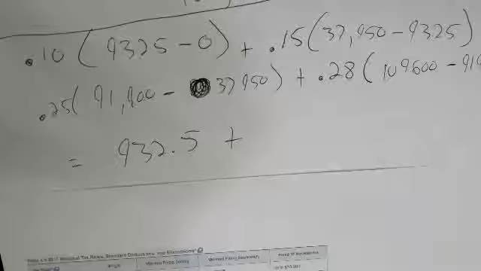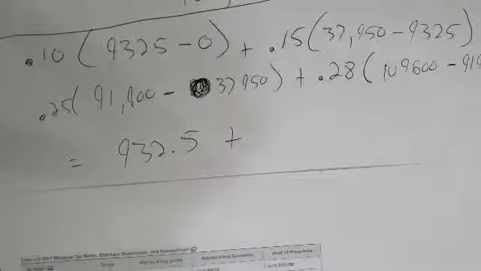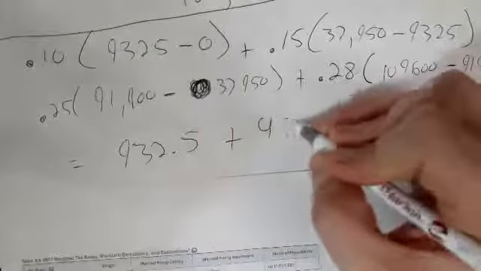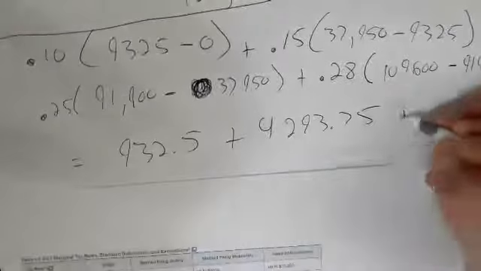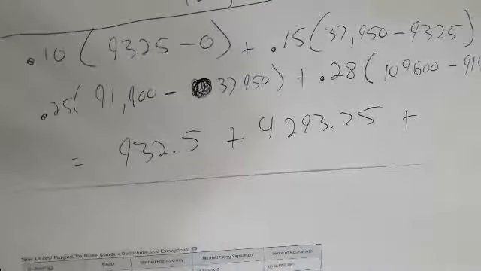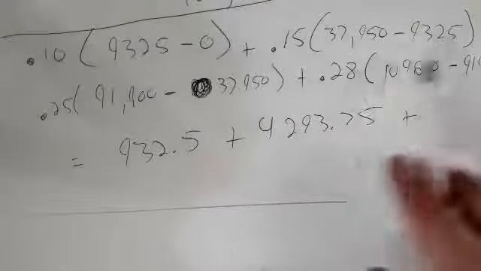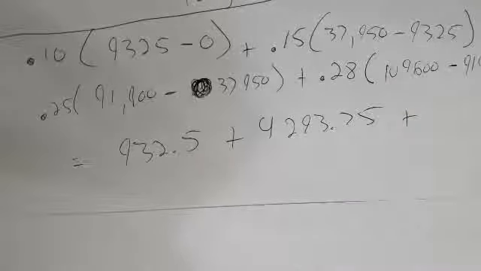I take 37,950, subtract 9,325, and multiply that by 0.15. So I am subtracting and then multiplying, doing maybe 2 steps at once. Hopefully I'm not doing too much.